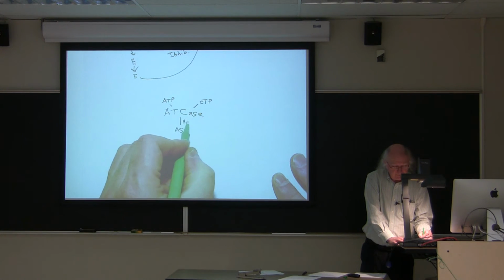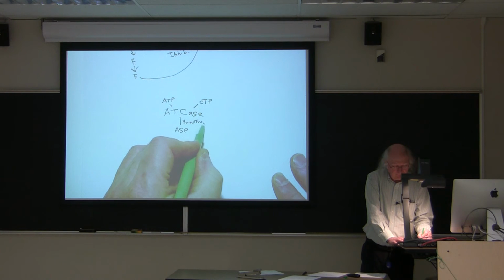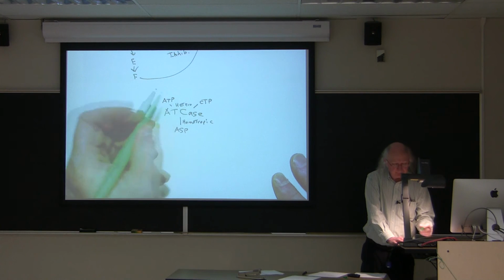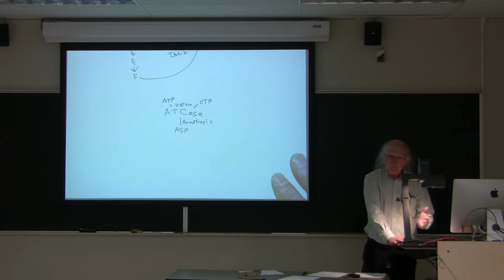So this is homotropic, and these 2 are heterotropic. Now, for the purpose of answering the question, it doesn't really matter which one is heterotropic or homotropic. What matters is that the enzyme's activity is affected by each of these 3 compounds.